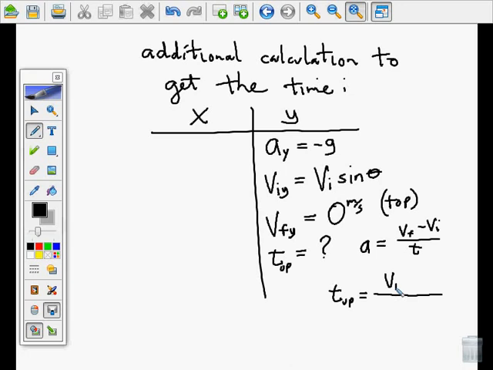You have negative vi sine theta over negative g. The top originally is going to be 0 minus vi sine theta, because the final velocity is 0. But I just dropped the 0, so it's just negative vi sine theta. And of course, you got a negative over a negative, so they become positive. So the time up just becomes vi sine theta over g.